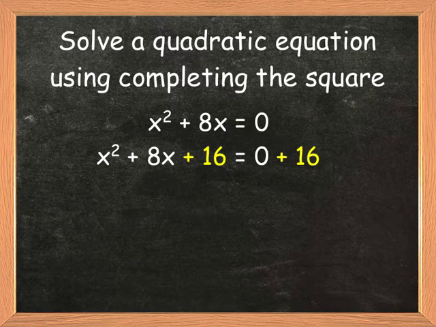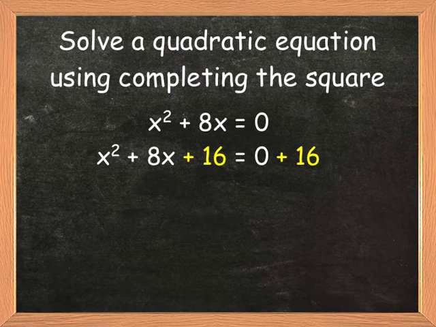So what we want to do to complete the square is take half of the coefficient of the x term. Half of 8 is 4, and we square that. 4 squared is 16. So I want to add 16 to the left side of the equal sign to complete the square. To balance that off, I have to add it to the right as well.